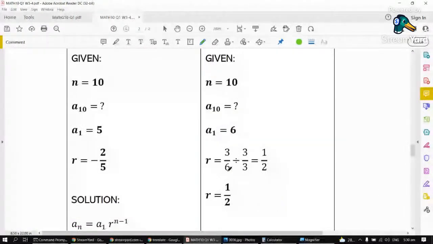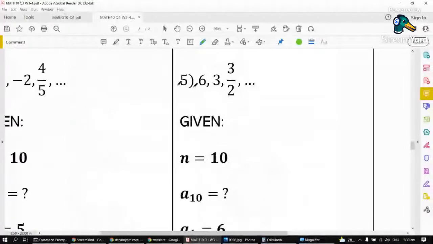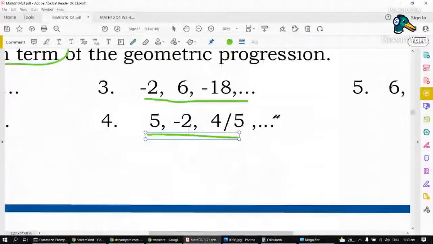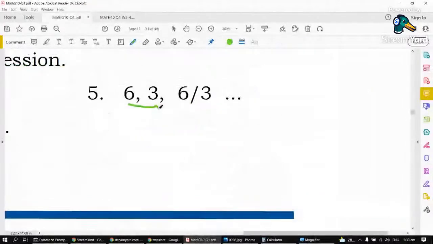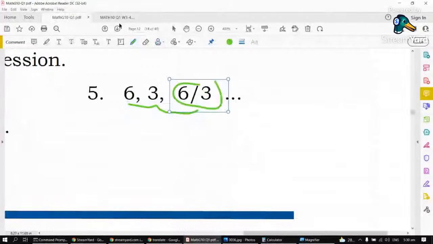And the last one, 6, 3, 6 over 3. So, may mali dito, no? Ang ginawa niya is 6 over 3, pero dapat doon is 3 over 2.